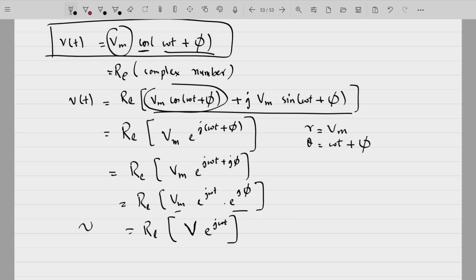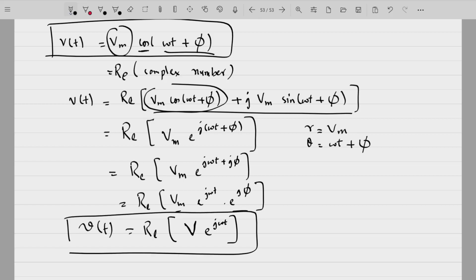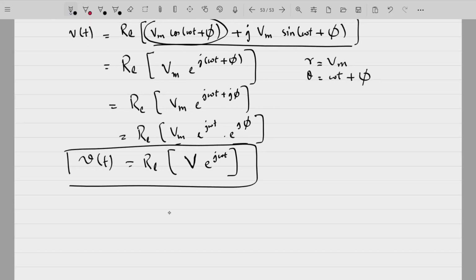Now this Vt is the real part of capital V e raised power j omega t, where this capital V is Vm into e raised power j phi.